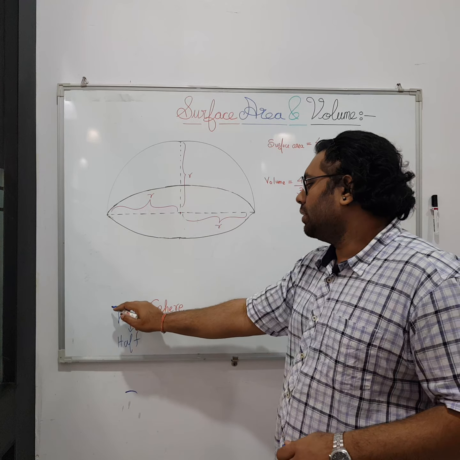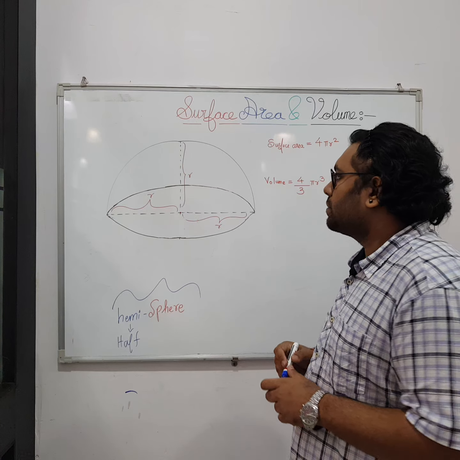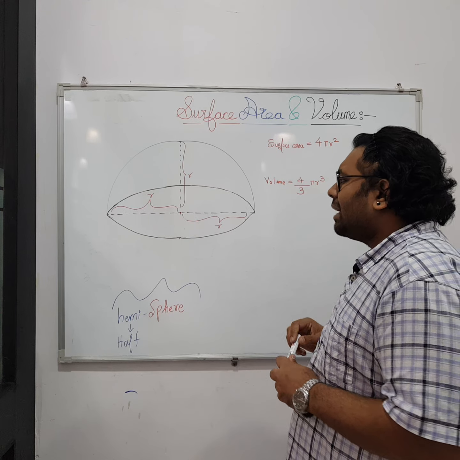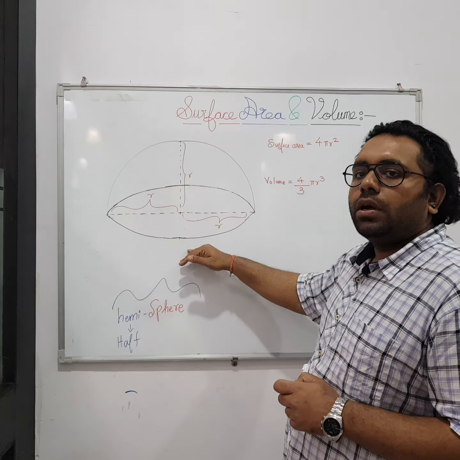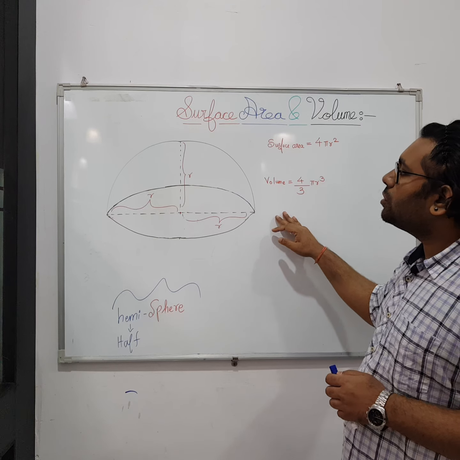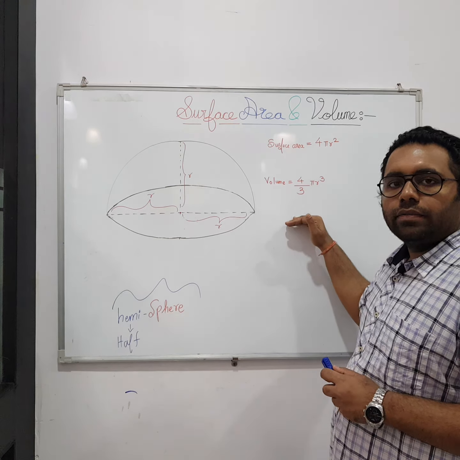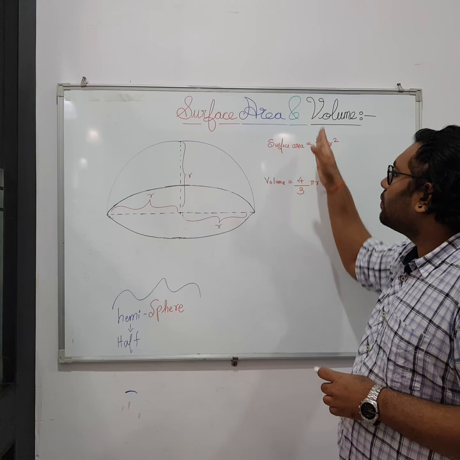As I have mentioned, a hemisphere is nothing but half of a sphere. Now since a hemisphere is obtained by cutting a sphere into half, don't you think the formulas for a hemisphere will also be obtained by cutting them in half? You can cut a sphere into half, but you cannot cut a formula into half.